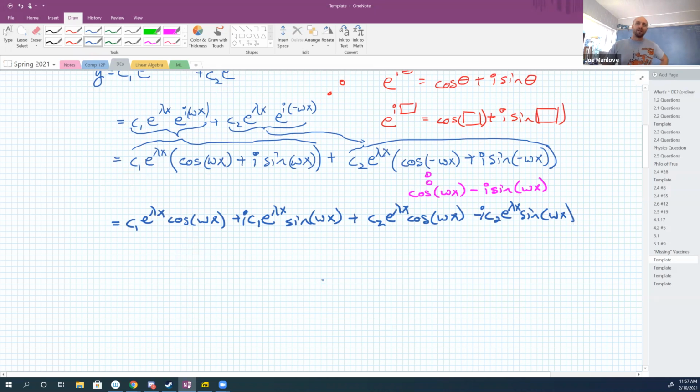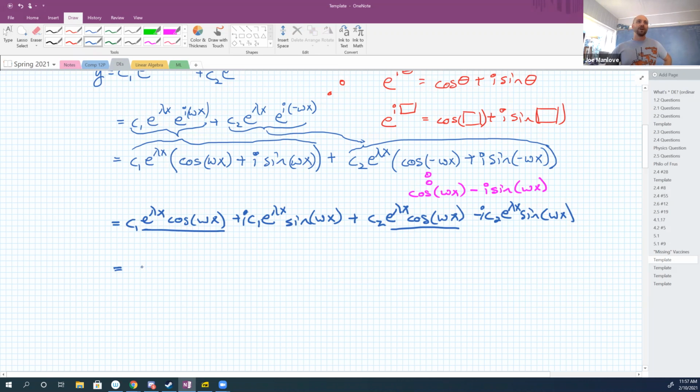Okay, now what? Would you group your c1s and c2s together? I think I really should group like terms, right? The c1s are like terms and the c2s are like terms, but I'm going to go with the functions being like terms. So I'm going to see that one and this one, you guys see that? I'm going to group those two together.